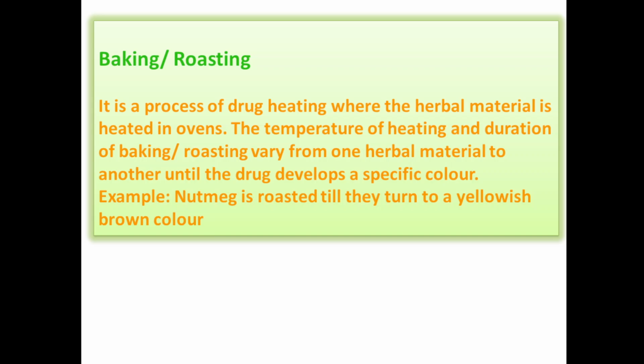For example, nutmeg is roasted till it turns from yellowish to brown color. We are getting the nutmeg which is of brown color. Initially it is not brown, it is yellowish in color, and when it is roasted in an oven at a specific temperature, it will produce a good flavor with brown color, and that we are using as a flavoring agent.